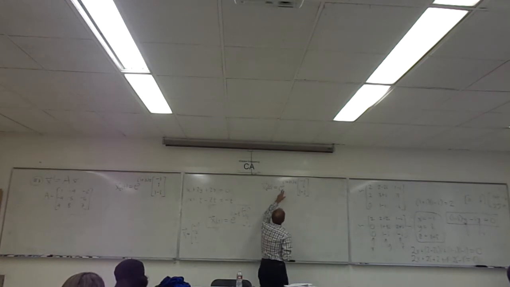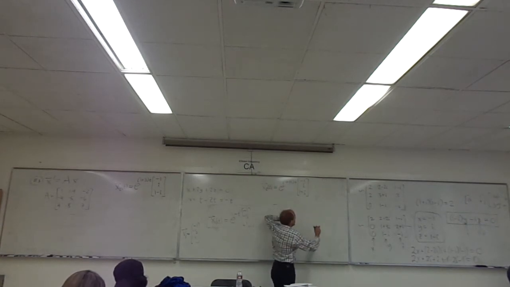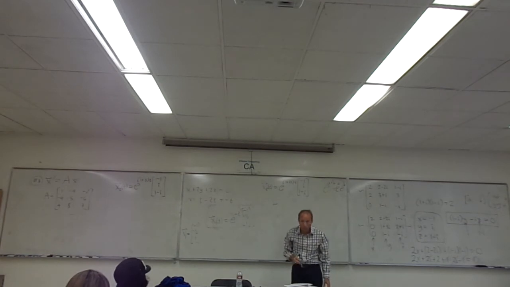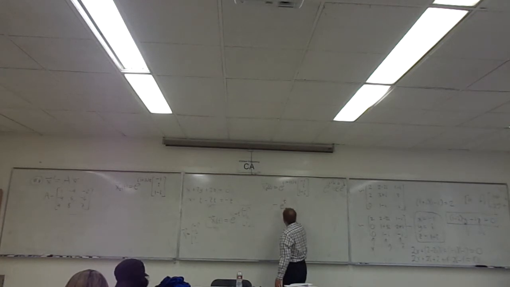Notice, looking at this exponent, there are properties of exponents that I expect everybody to know. When you have e to the a plus b, that's just e to the a times e to the b. So this is really e to the t times e to the 2it.